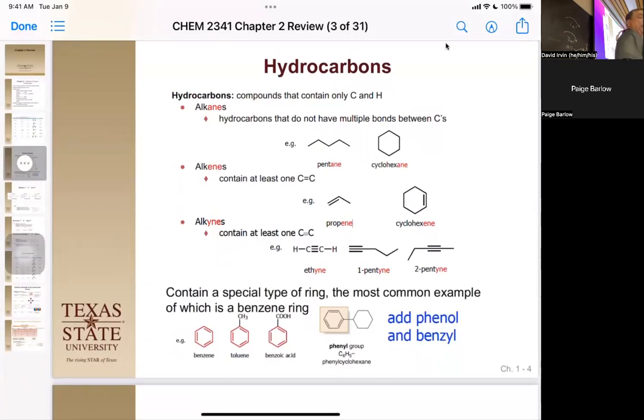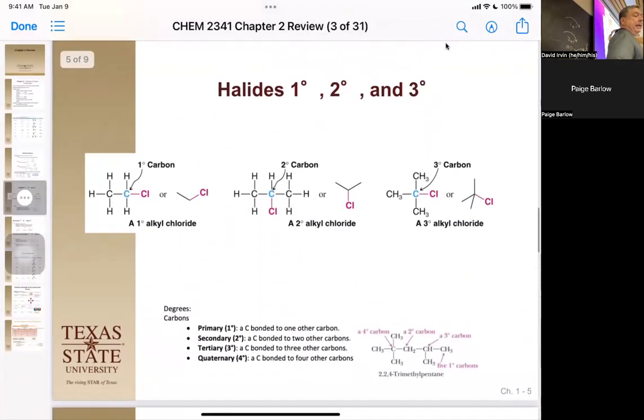Okay. And then we go on to halides. Primary, secondary, and tertiary halides are based on the type of carbon you have. So you got to remember that the degrees of carbon are primary, secondary, tertiary, and quaternary. Wait, there's one more degree of carbon, isn't there? Methyl.